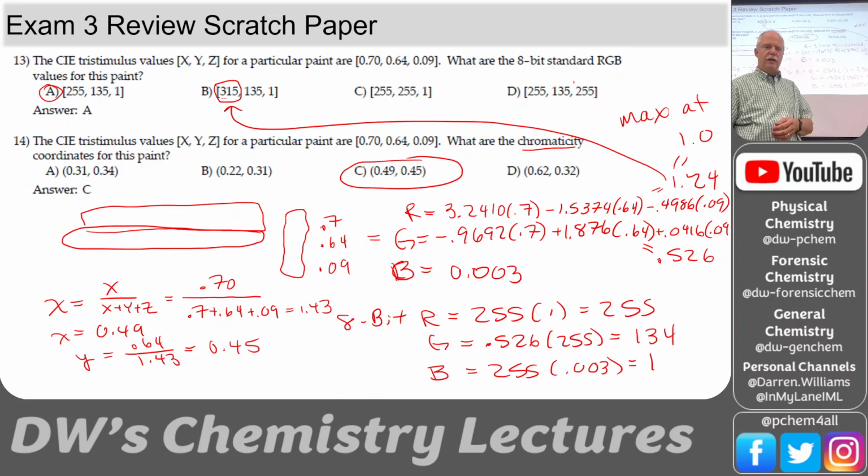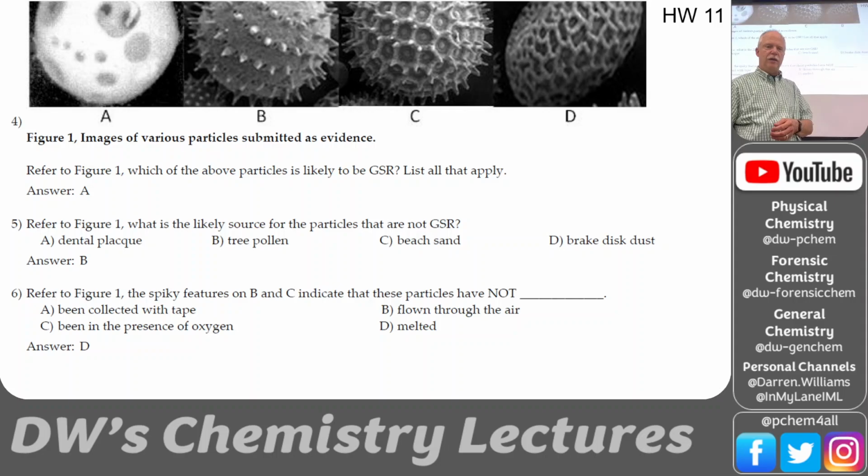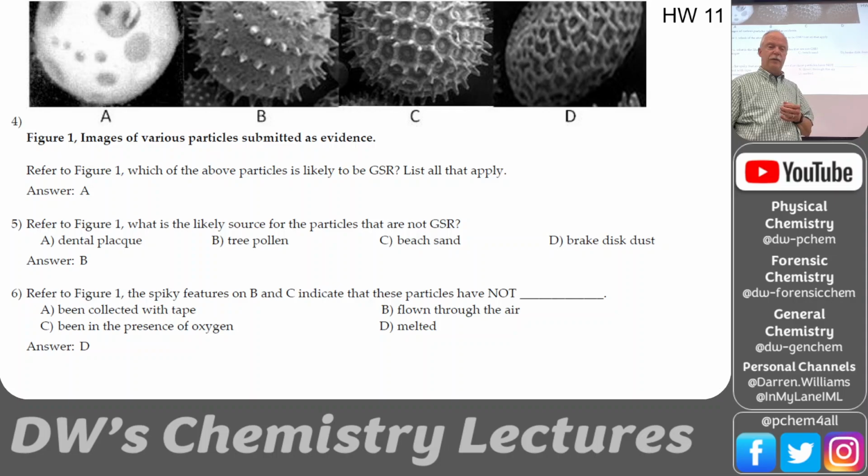I'm always trying to find different pictures of gunshot residue and pollen, and we could look at more pictures of pollen and stuff like that. But I would say a good way to study is to go on the internet and look up images of gunshot residue and pollen and things like that. So you just get more familiar with the different pictures that are out there, size scales and so on.